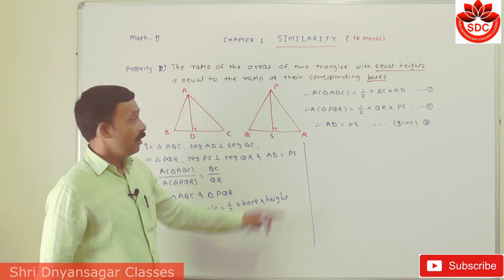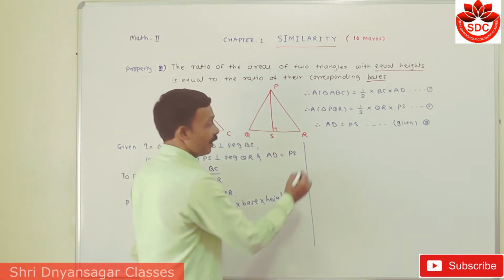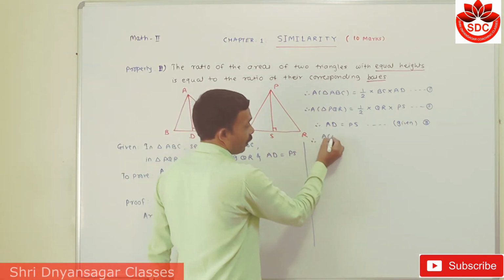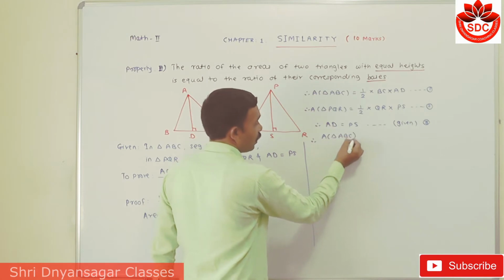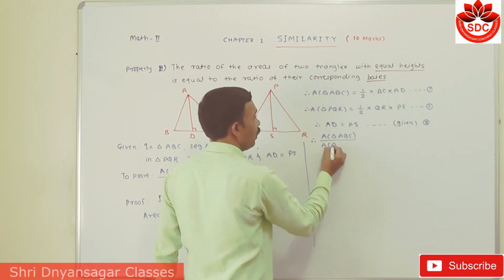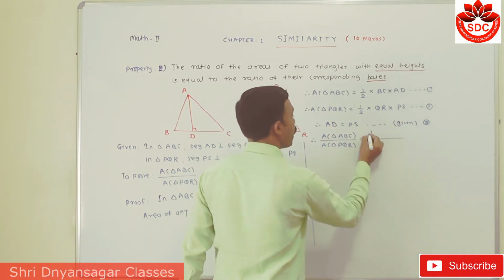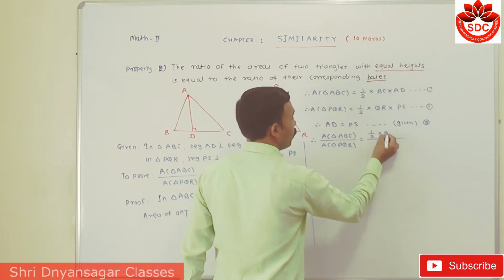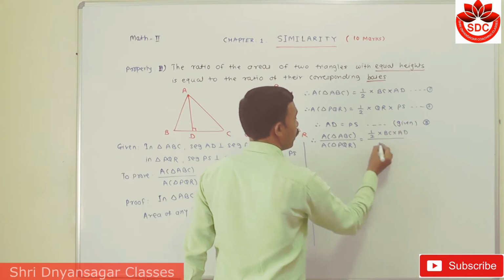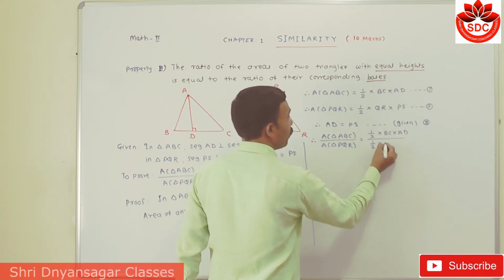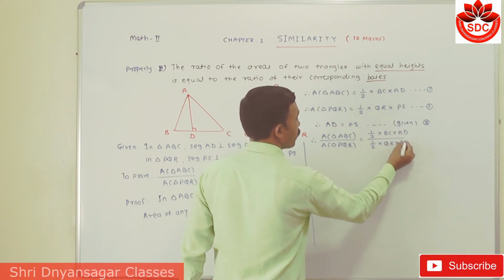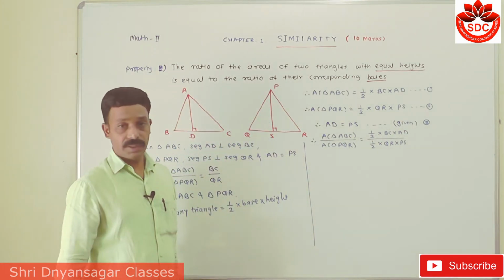Then from first and second we write the ratio of areas: area of triangle ABC upon area of triangle PQR is equal to half into BC into AD, upon half into QR into PS. Now this is from first and second.